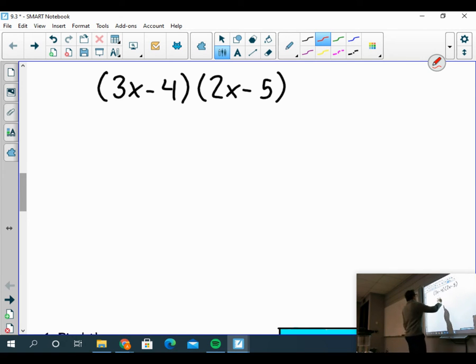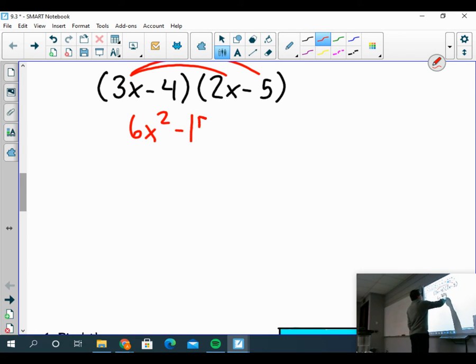Okay, again, the key to this whole deal, binomial times binomial, and really anytime we have multiple terms being multiplied by a different polynomial that has multiple terms, you got to make sure you distribute everything. 3x times 2x and 3x times minus 5. I'm going to get 6x squared minus 15x. Now I got to distribute that minus 4 times 2x and minus 4 times minus 5.